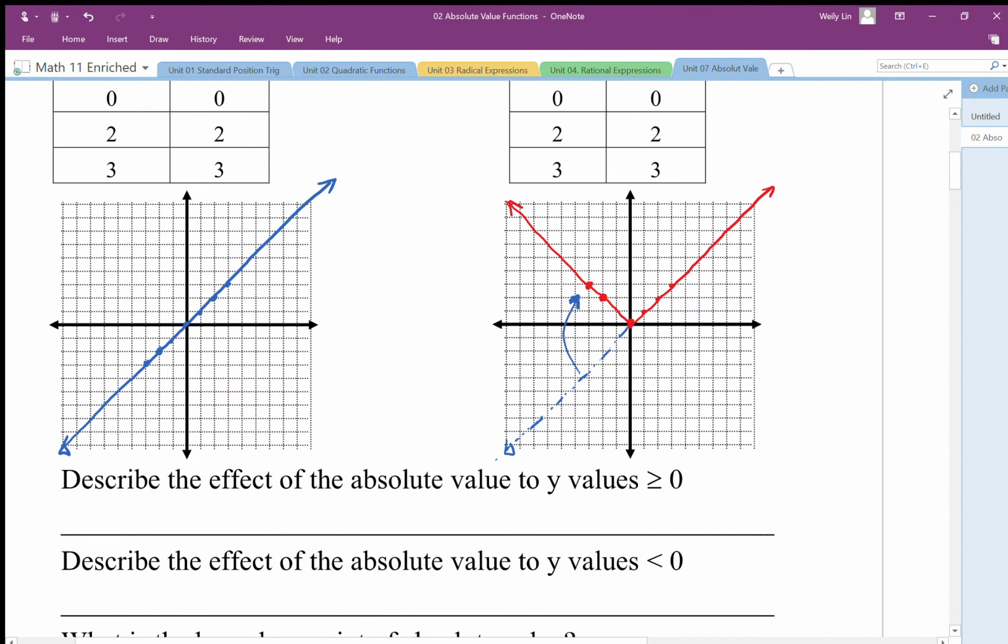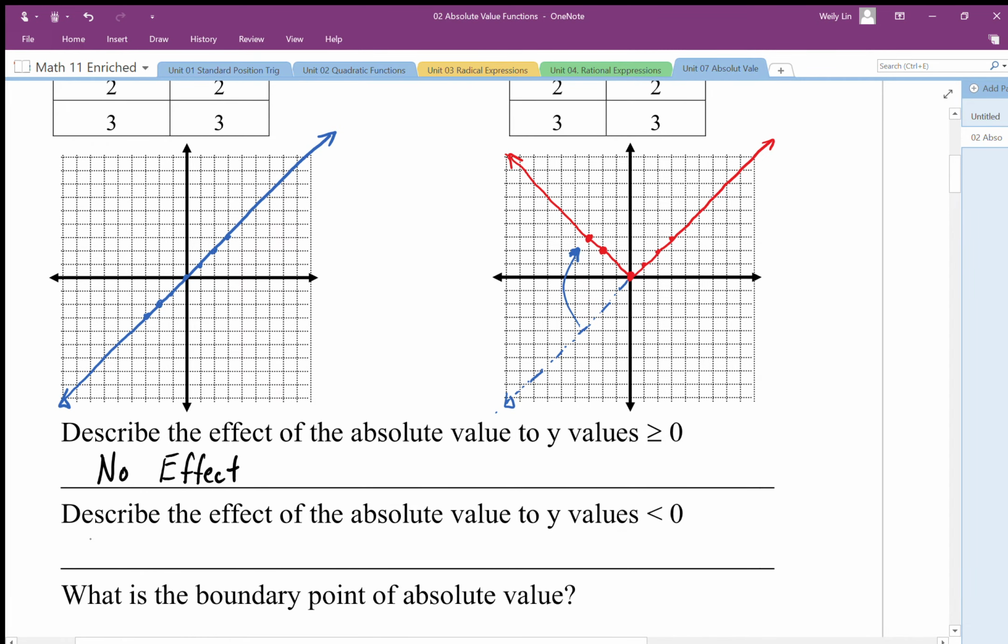So what does the absolute value do to the y values that are positive or greater than 0? It does nothing, no effect. However, for the values less than 0, it is going to take negative values and make them positive.